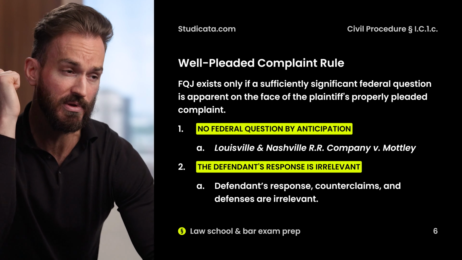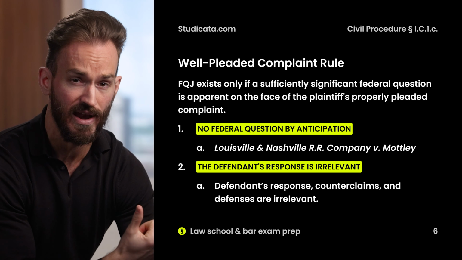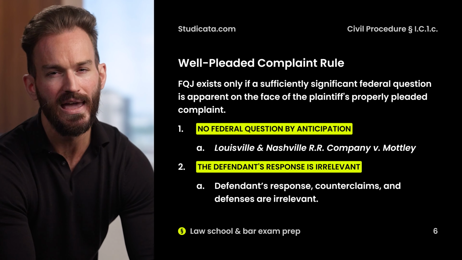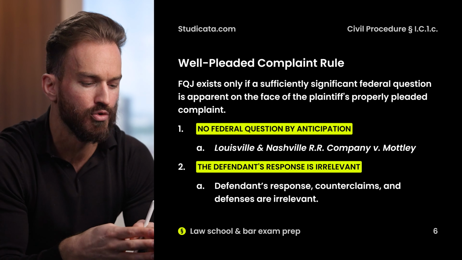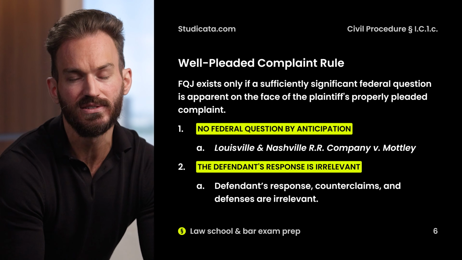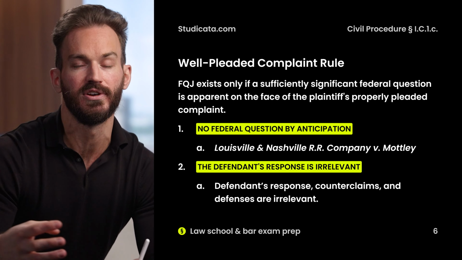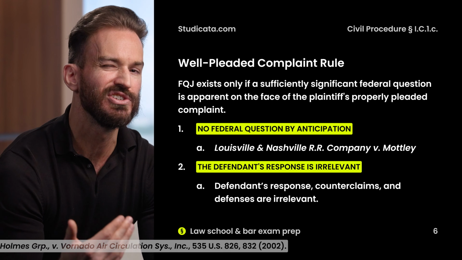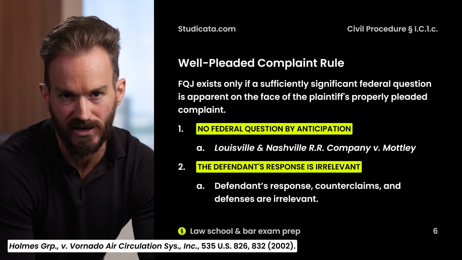Defendant responds, hey, I'm going to countersue based on this federal law, and then I'm moving it to federal court. Basically, because it would so rapidly expand the class of cases that would be removable to federal court. This is essentially why we have the well-pleaded complaint rule.